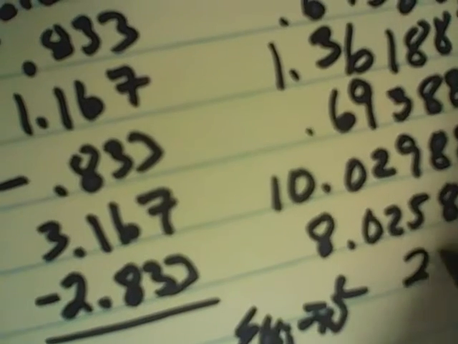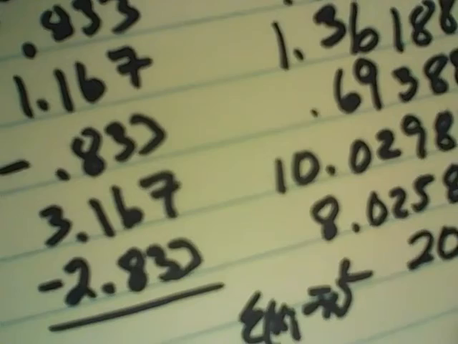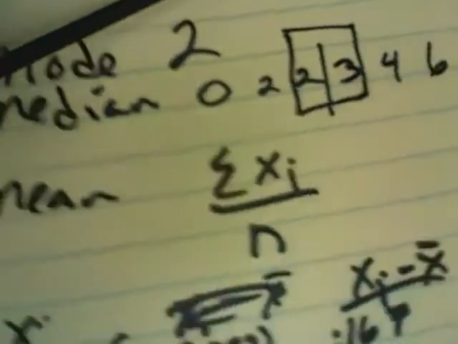So the sum of x sub i minus x bar squared is 20.833334.